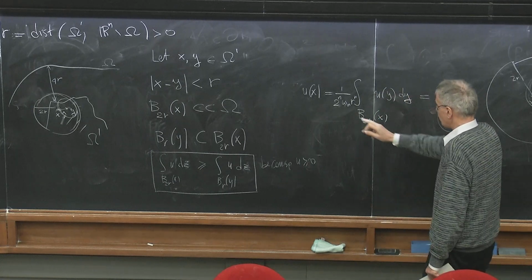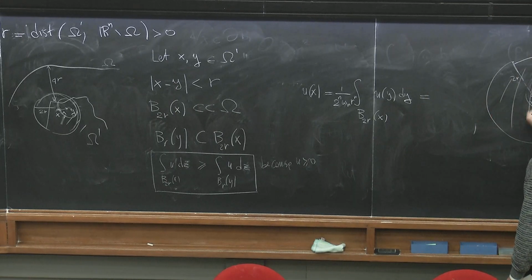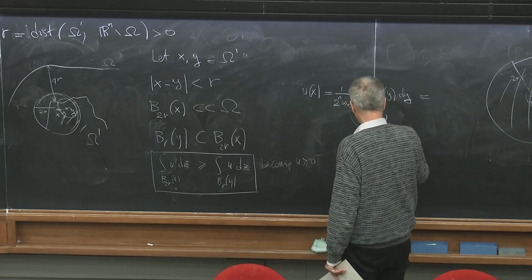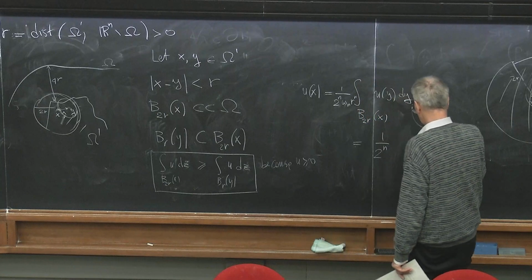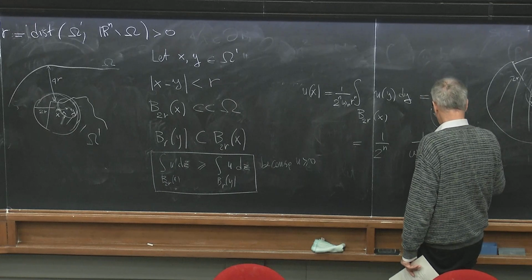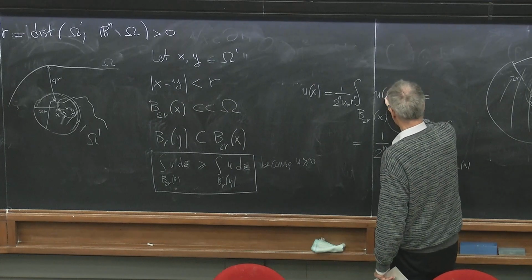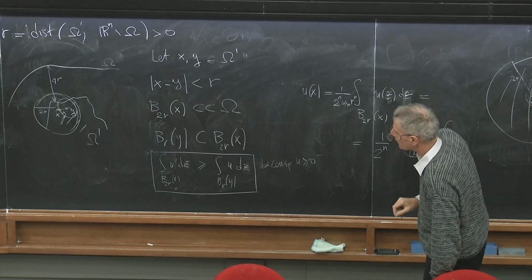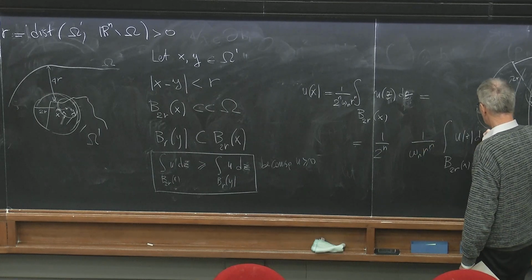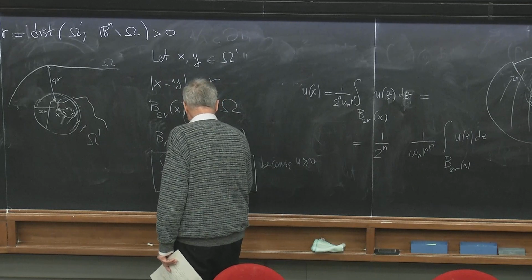Now we write, as I was writing before, u of x is the volume mean value of u on this doubled ball. So let me separate this 1 over 2^n and write it separately. Then I write 1 over omega_n r^n, integral over B_{2r}(x) of u(z) dz. Sorry for the notation, z everywhere. Now, as we have observed before, this is larger or equal than this.